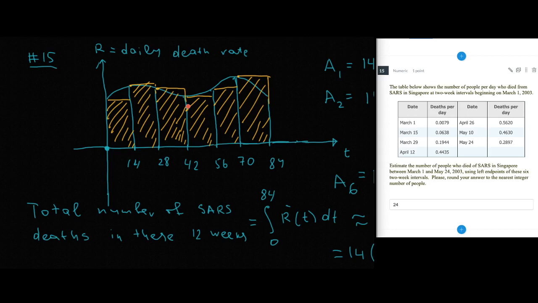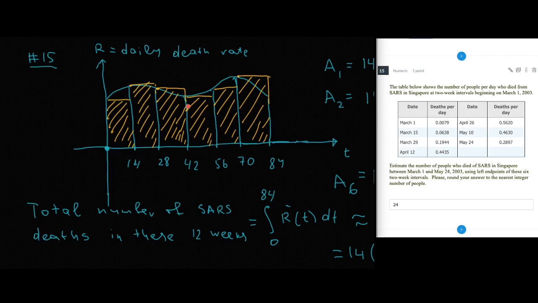So we have a function R of t, which represents the daily death rate, which varies with time, and the total number of deaths would correspond to the area under this death rate curve, which is also the integral from 0 to 84 of R of t dt.